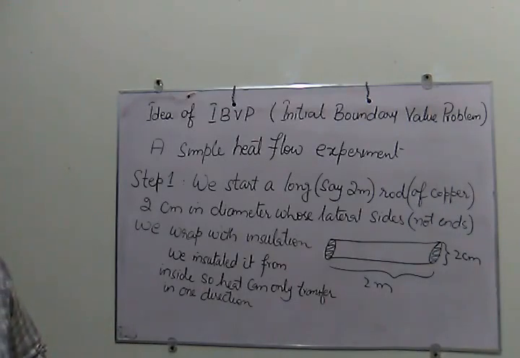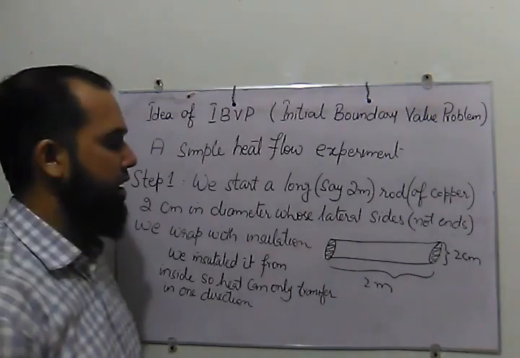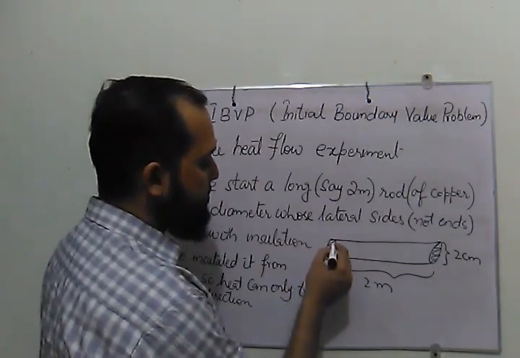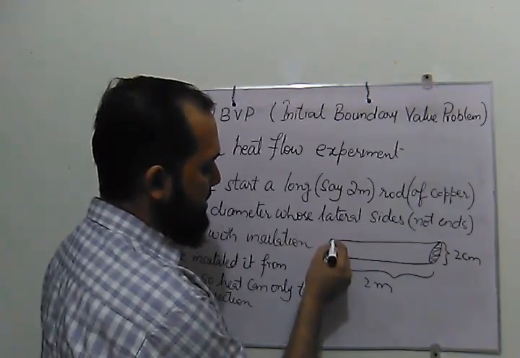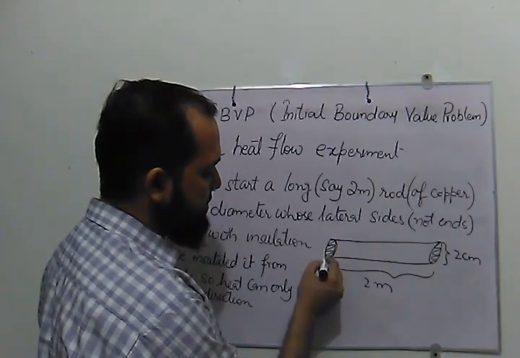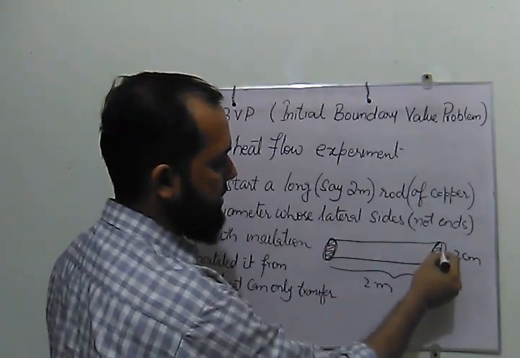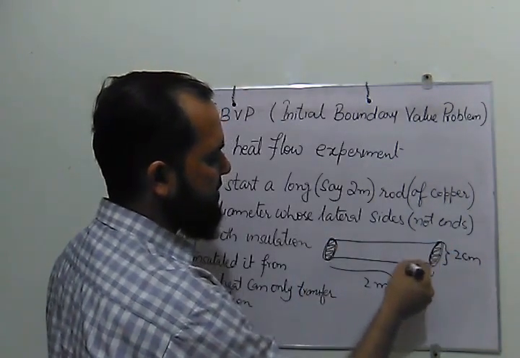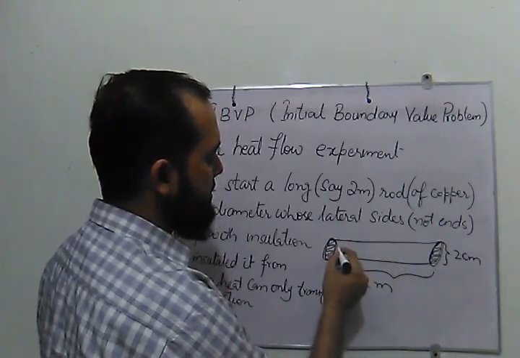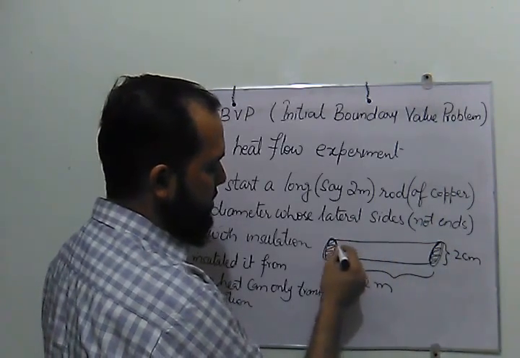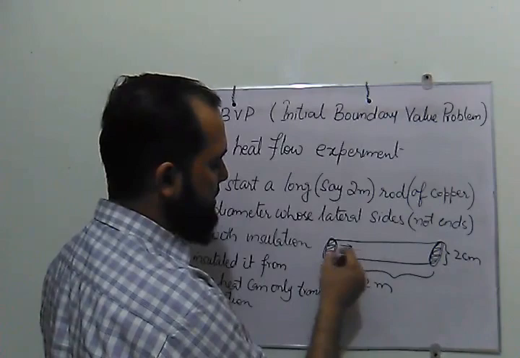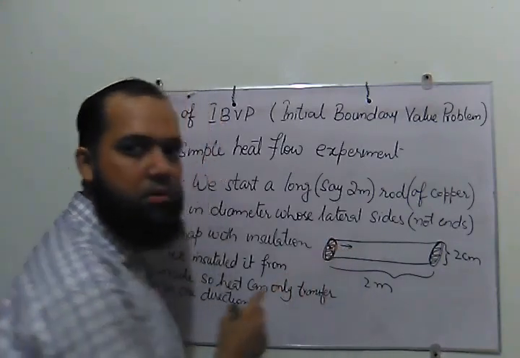In other words, heat can flow in and out of the rod at the ends but not across the lateral boundary. So we put the insulation here but not at the ends. So the ends are still conductive, but heat can travel along the rod in this direction but not inside.